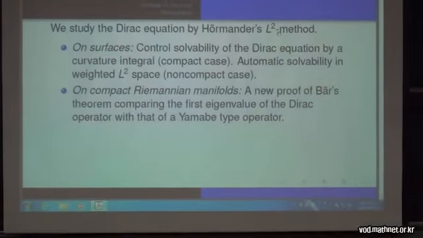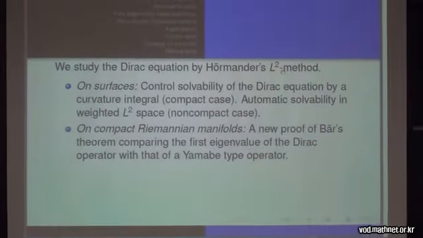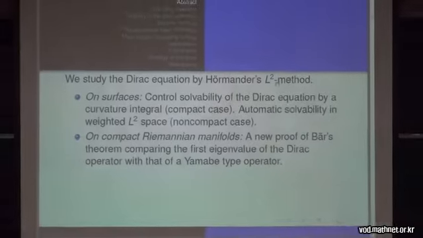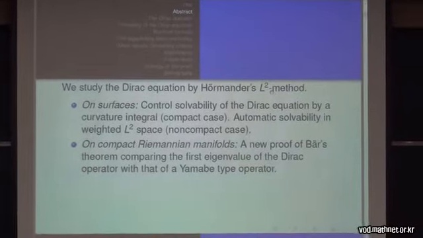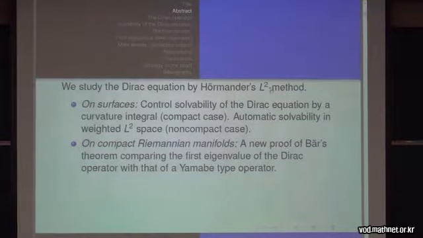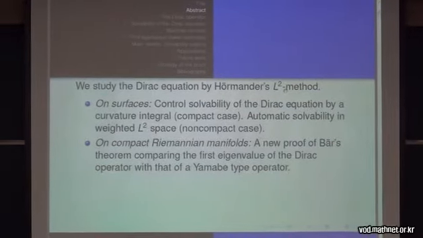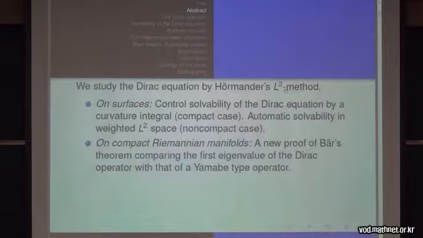In the non-compact case, we will prove by a homogeneous method that the Dirac equation in the two-dimensional case is always solvable. And on compact Riemannian manifolds, we will give a new proof of Bär's result about the first eigenvalue of the Dirac operator.